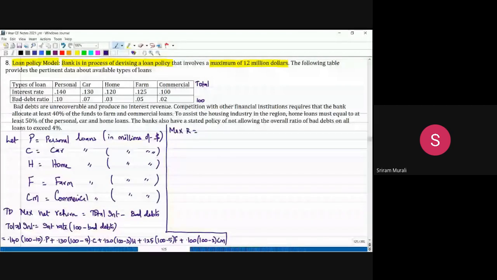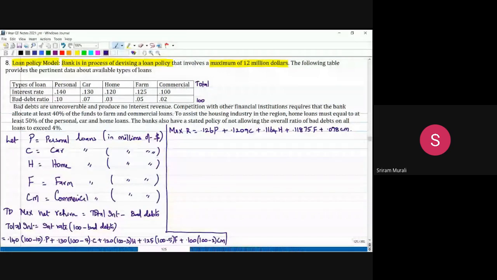If you simplify, you will get 0.126 times P plus 0.1209 times C. If you simplify this, it is 0.1164 times H plus 0.11875 times F plus 0.098 times CM.